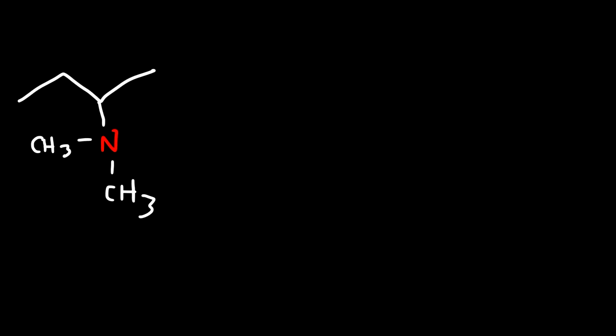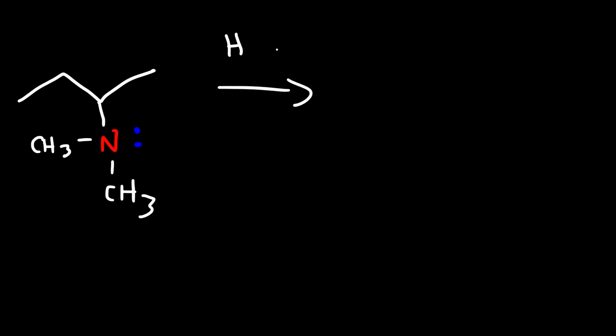Now there's another similar reaction that you need to be familiar with, and it's called the Cope elimination reaction. Now, instead of having 4 bonds or 3 methyl groups on this nitrogen, we're only going to have 2 methyl groups on it. So what we have is a tertiary amine as opposed to a quaternary ammonium ion.